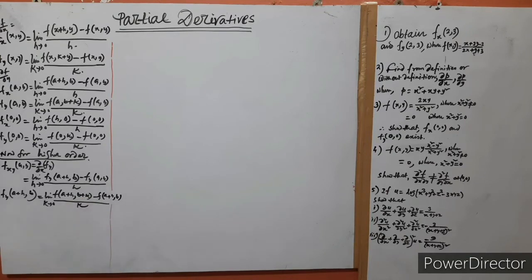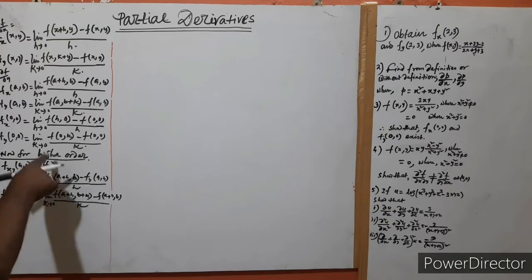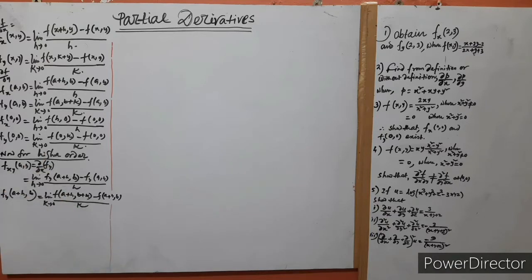So this is the first order derivative, and this is the higher order, and this is the notation of that.